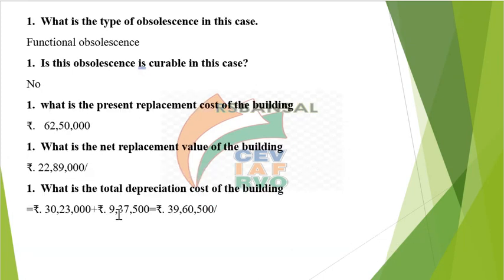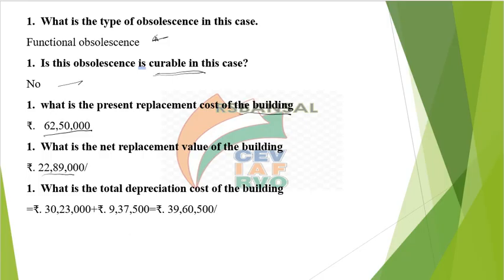So based upon these calculations, you can answer these MCQs. What type of obsolescence is in this case? It is functional obsolescence. Is this obsolescence curable? No, this is not curable. What is the present replacement cost of the building? We have calculated 62 lakh 50,000.